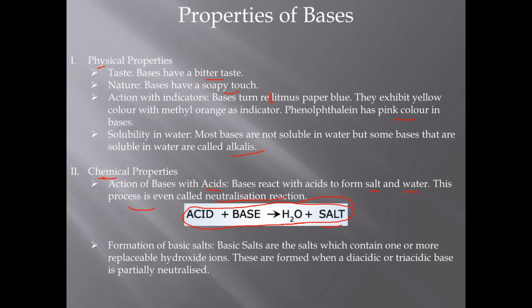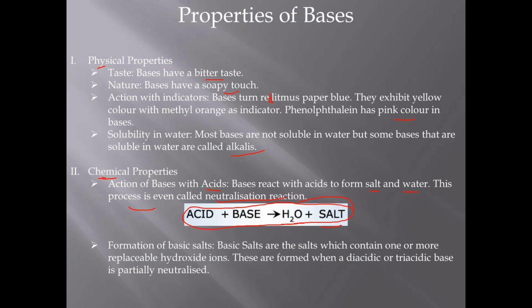So for this we take something like Eno or Digen. These things have a base. We will see that further. There is acid in the stomach and we put in a base, so it gets neutralized and then we feel relaxed.